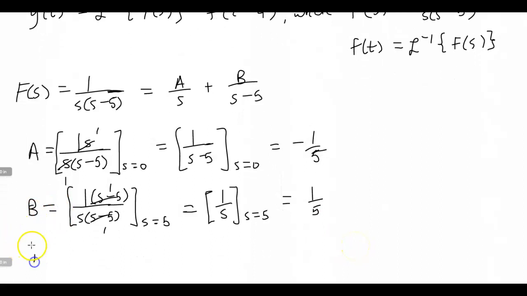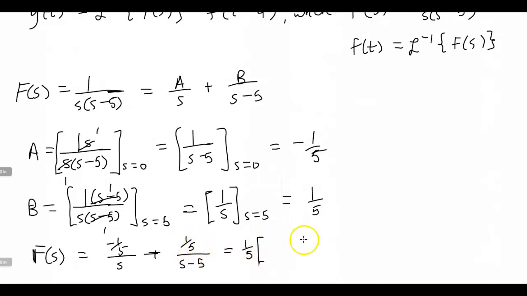So what that looks like for us here is big F of S is just going to be negative 1/5 over S plus 1/5 over S minus 5. And I'm going to rewrite it this way.